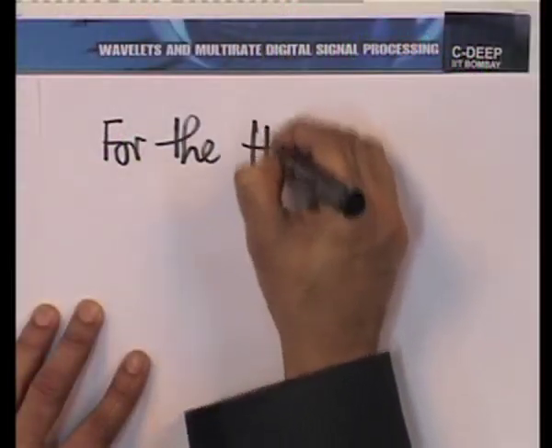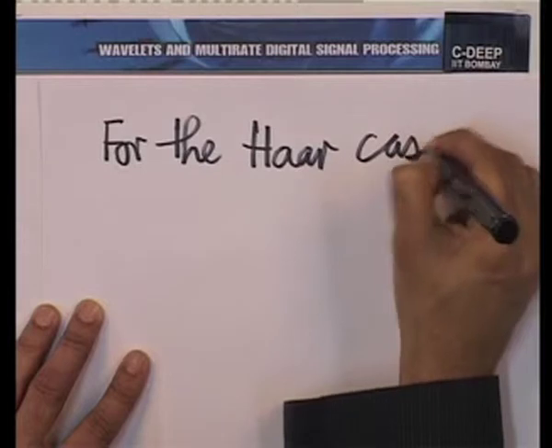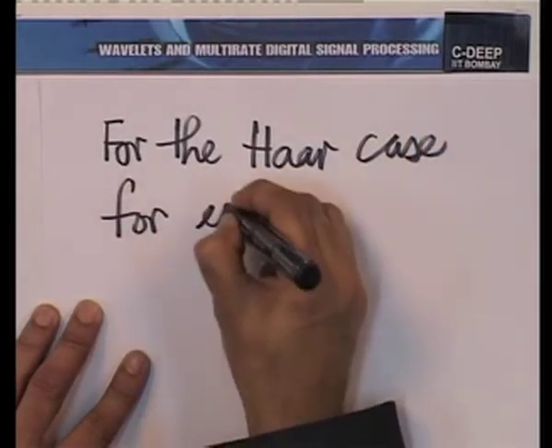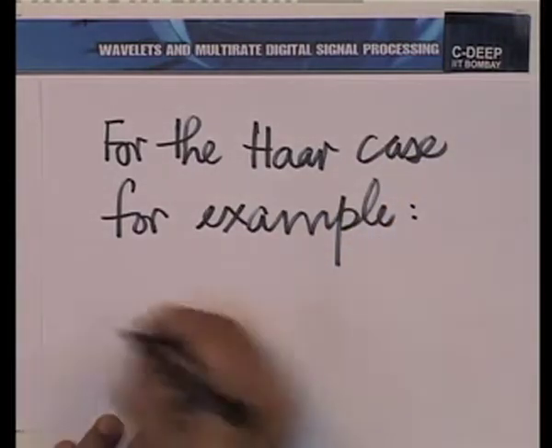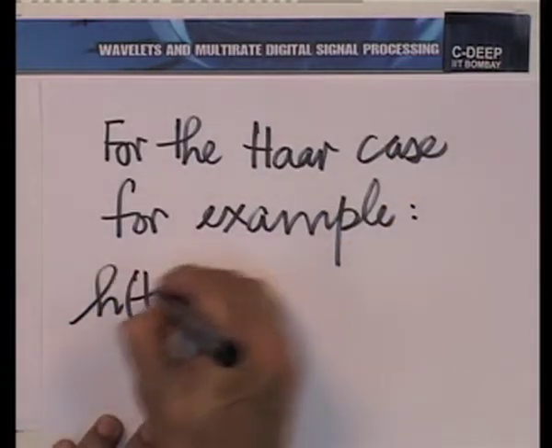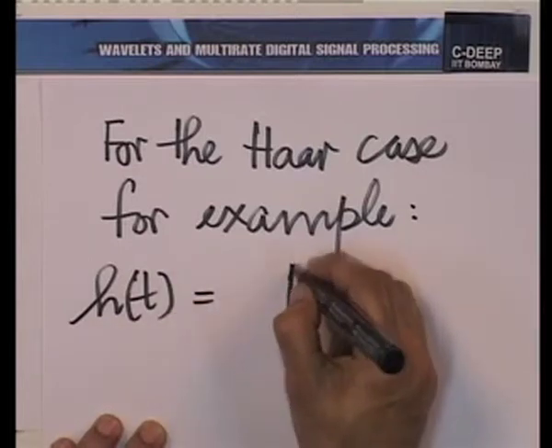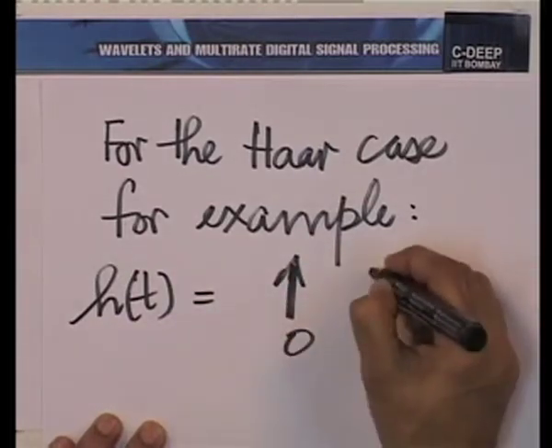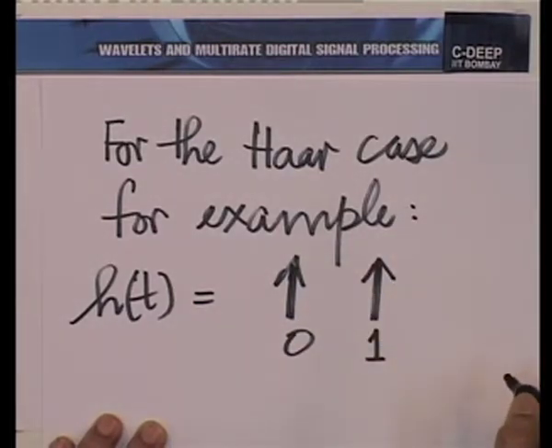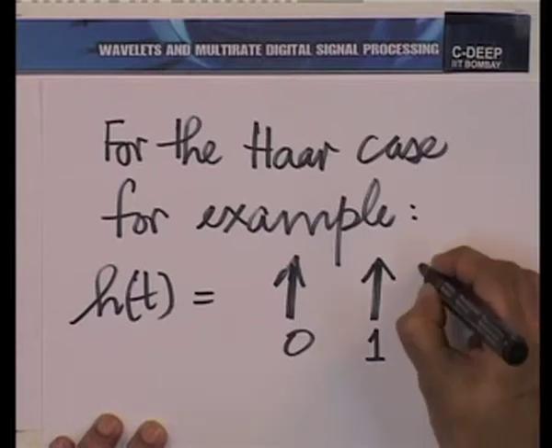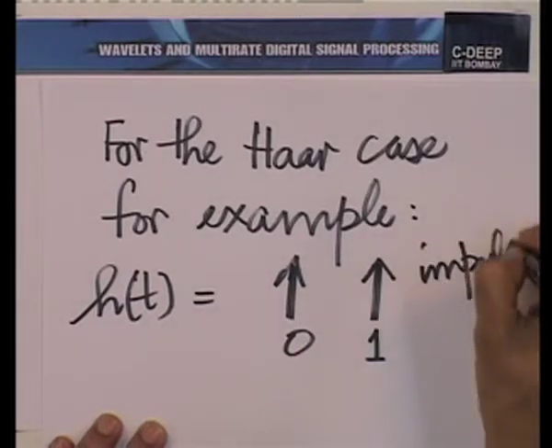essentially you may think of h of t here, so to speak, for the Haar case. h of t looks like this. There is an impulse at 0 and an impulse, a continuous impulse, remember, at 1. These are impulses as understood in continuous time.